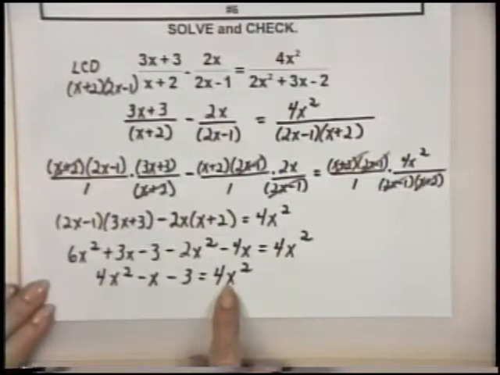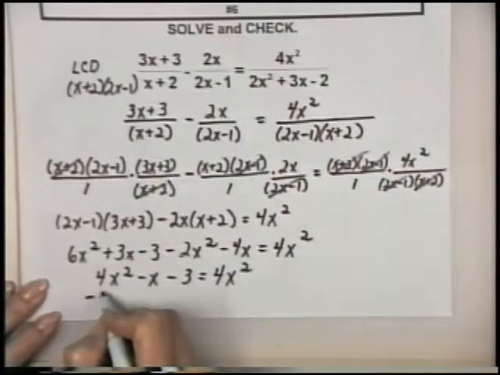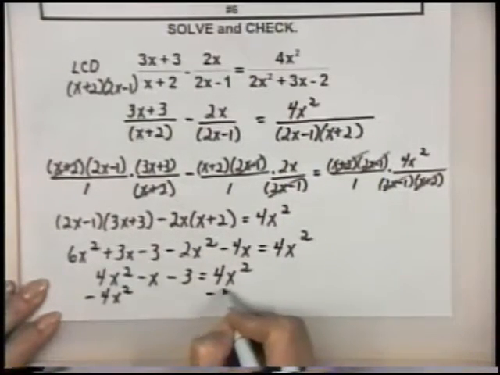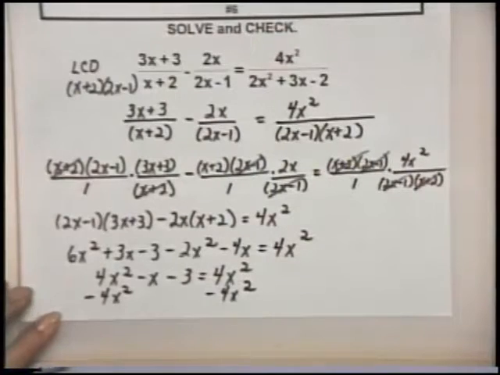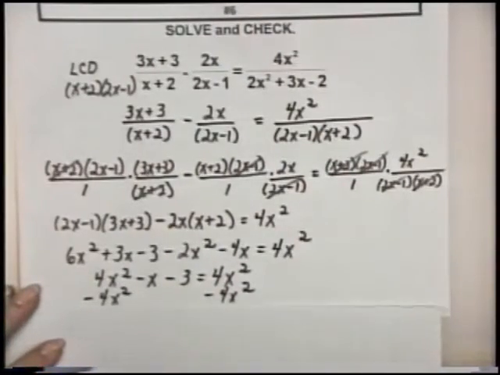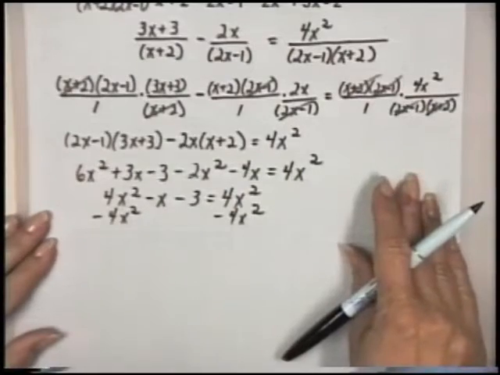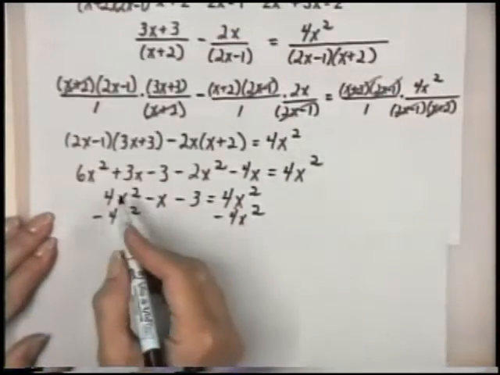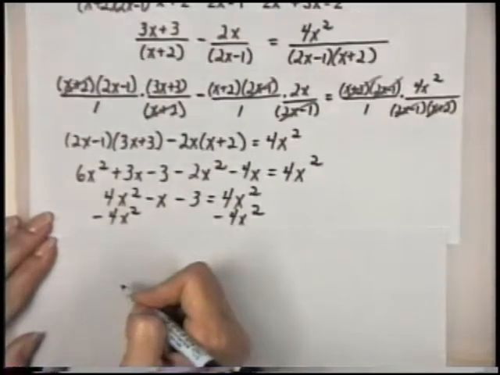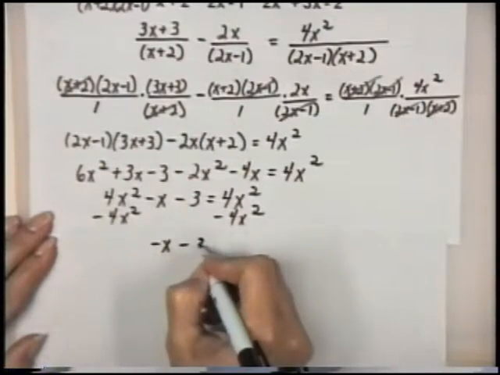The resulting equation appears to be quadratic, but when I move my 4x squared over by subtracting 4x squared from both sides of the equation, what happens to my x squared term? 4x squared subtract 4x squared is 0x squared.